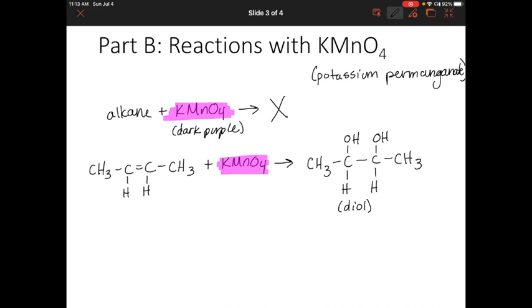And we also end up forming something called manganese dioxide, MnO2, which is a solid. And the color of manganese dioxide is kind of a brown or black color. So that's how we're going to tell that a reaction occurred. We start by adding this purple compound, and then it's going to change into kind of a brownish black color.